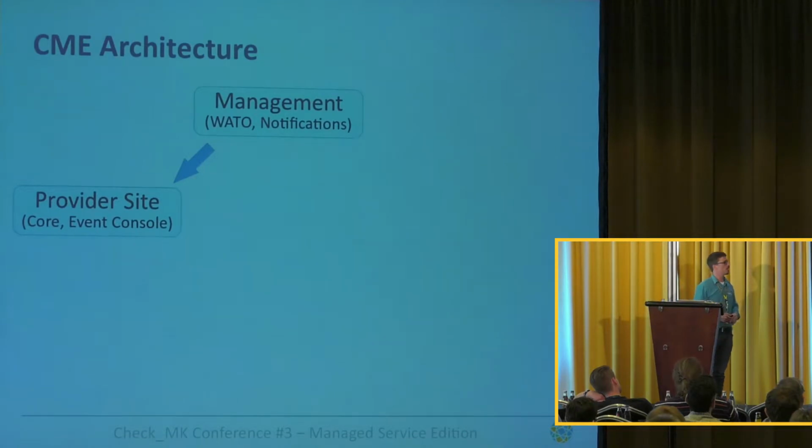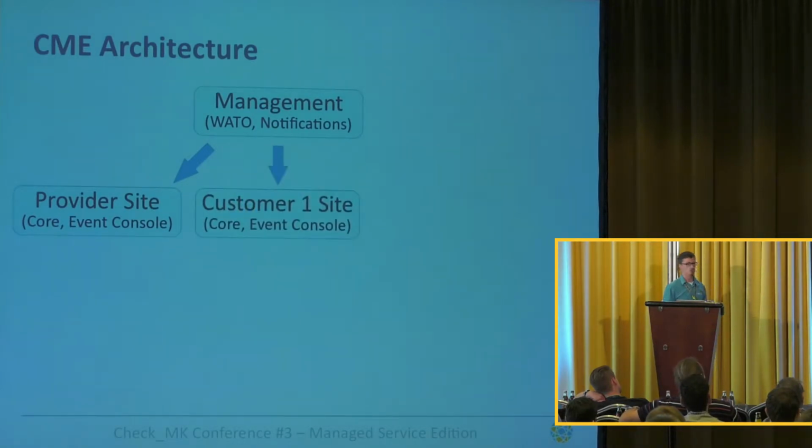Maybe more than one, depends on the local architecture. There they have the monitoring core that's looking at the systems in place and the event console. And then per customer, I may have one site. I could have more sites per customer. Of course, I have a second customer and many more.